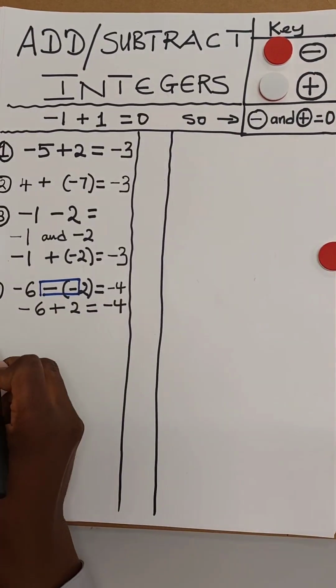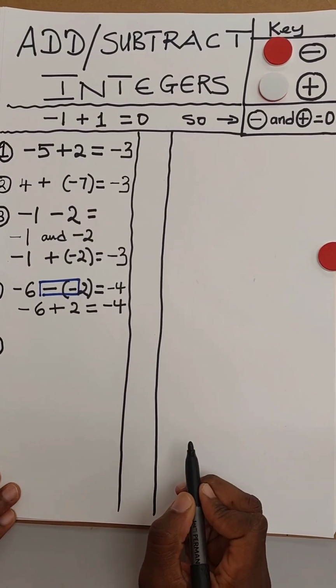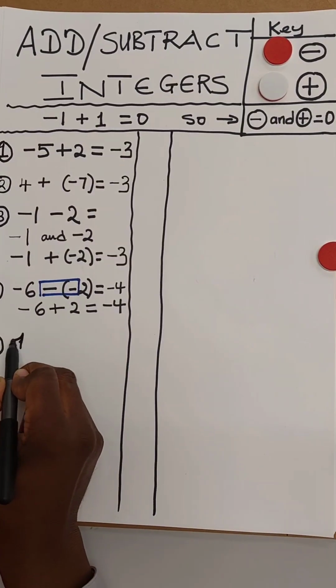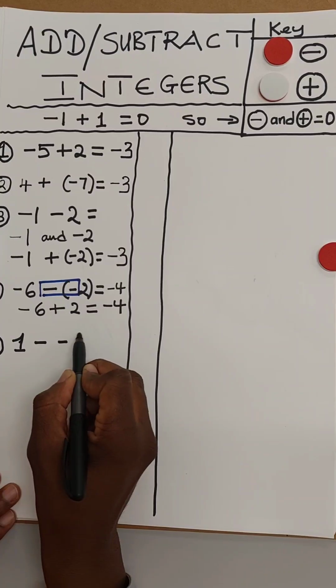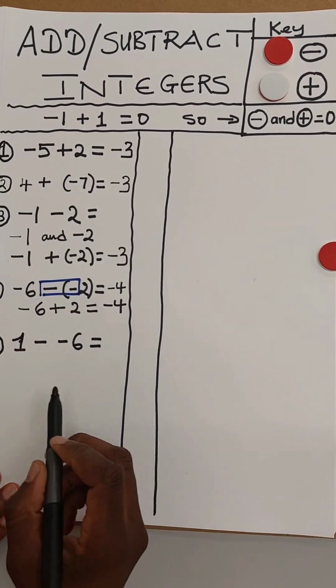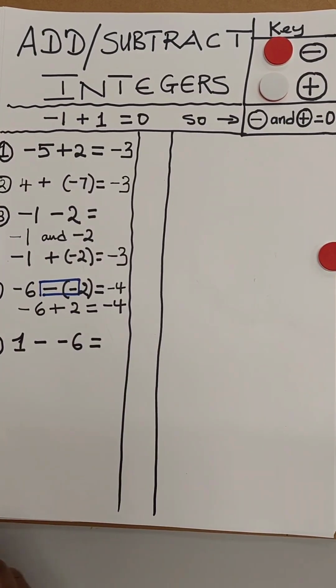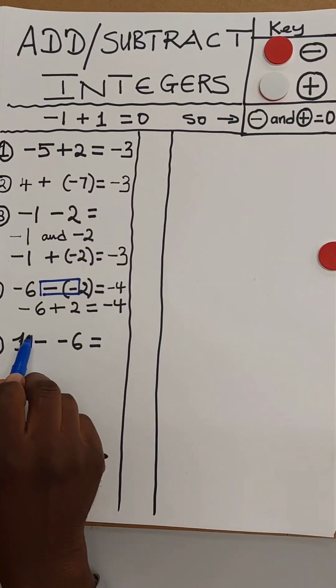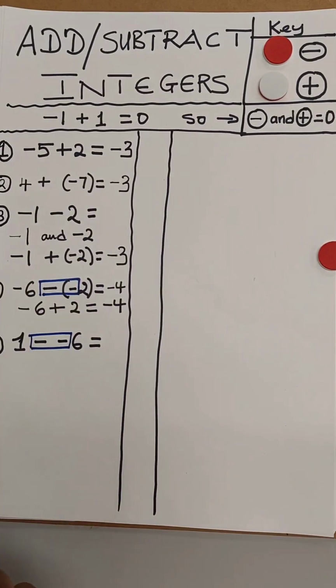Okay, number 5. Let's look at as many possible problems that you could see with integers. Now let's try 1 minus negative 6. All right. You must be getting ready to flip some chips because there is a double negative here.